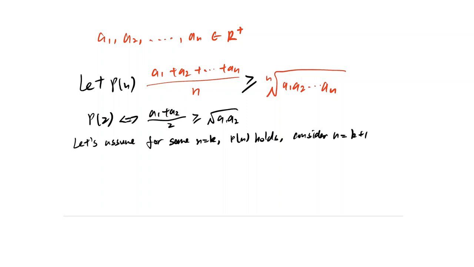Therefore, we will have a1 plus a2 plus all the way up to a(k plus 1). Since we want to make use of the fact that (a1 plus a2 plus all the way up to ak) over k is larger than or equal to the kth root of a1 times a2 times all the way up to ak, we can divide these into a1 plus a2 plus all the way up to ak, and a(k plus 1).